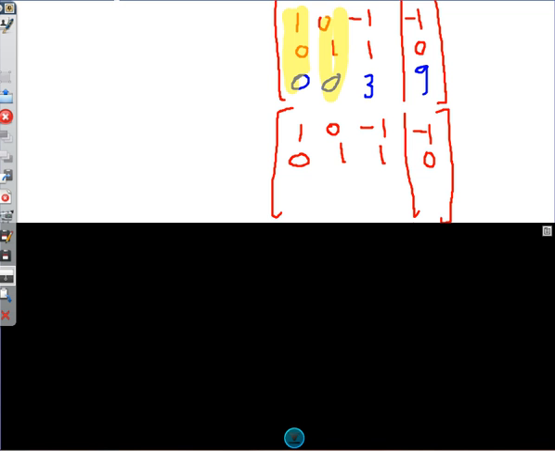Okay, so what do we need? We need a 1 down here. Looks to me like we could say the new row 3 is equal to old row 3, and we can just multiply by 1/3. These zeros here will stay the way they are. We'll get a 0, 0, 1, and 3.